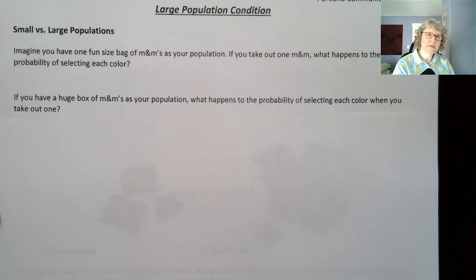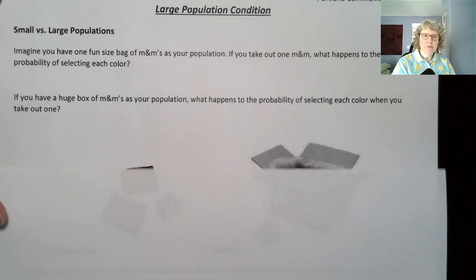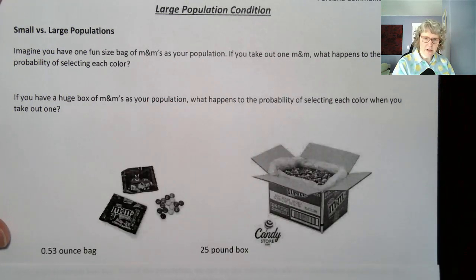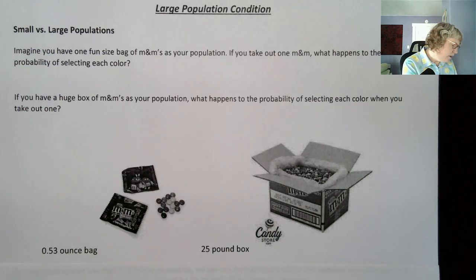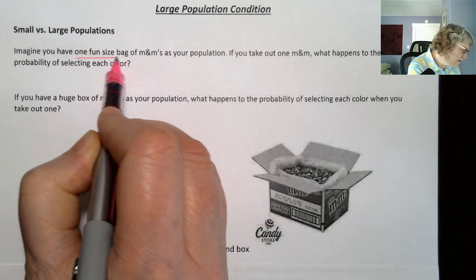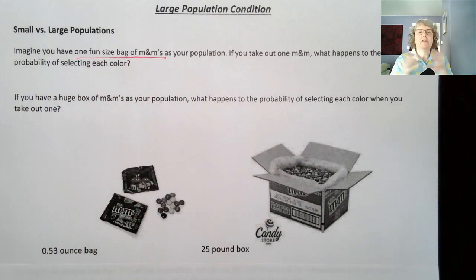So I want to talk about this and give you kind of a visual here. For small and large populations, imagine around Halloween time or whenever, if you ever get one of those small bags of M&Ms. If you have one fun-size bag of M&Ms, this tiny bag as your population, if you take one M&M out, what happens to the chance of selecting each color?